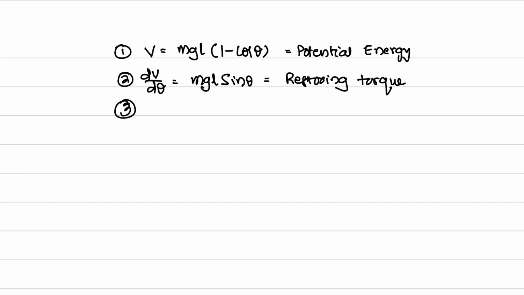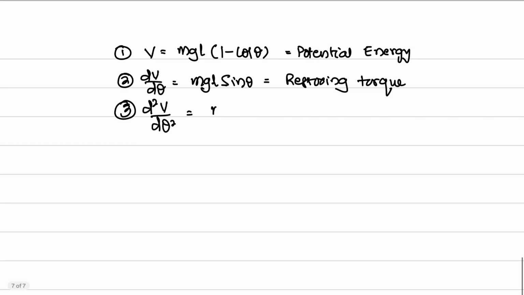Third, d square V by d theta square is equal to mgL cos theta, that is equal to, we call it stiffness. Please remember this.